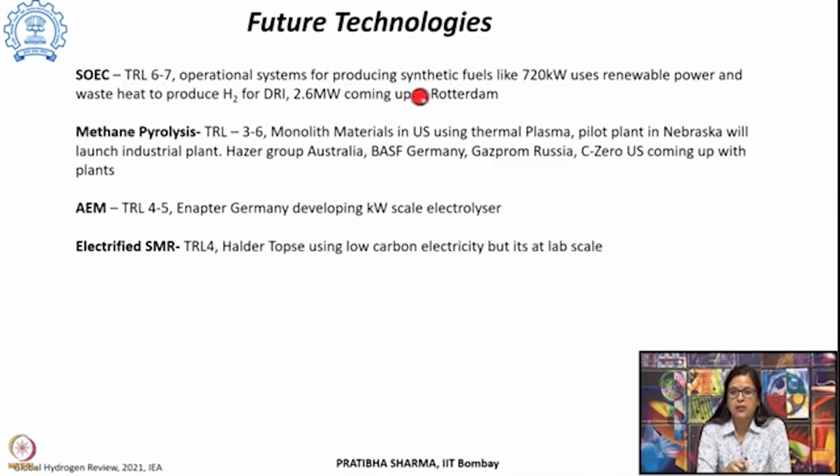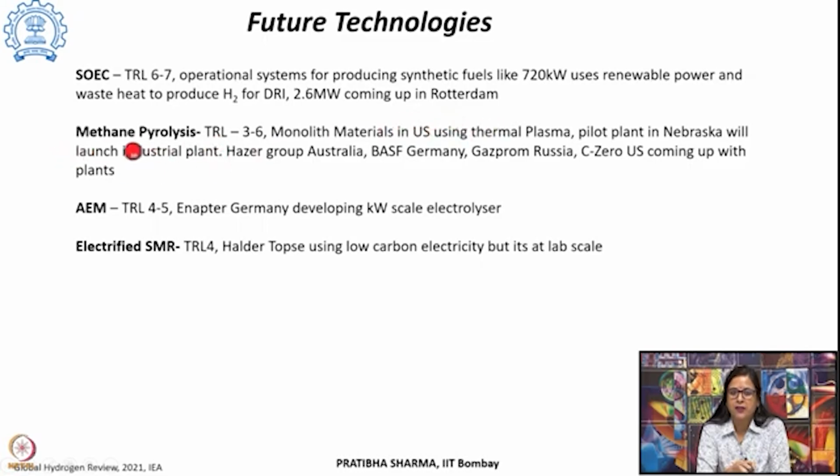This is for producing synthetic fuels, used with renewable power and of capacity 720 kilowatt, wherein even the waste heat is used for producing hydrogen for DRI in steel production. There is one more plant which is coming up of capacity 2.6 megawatt in Rotterdam.